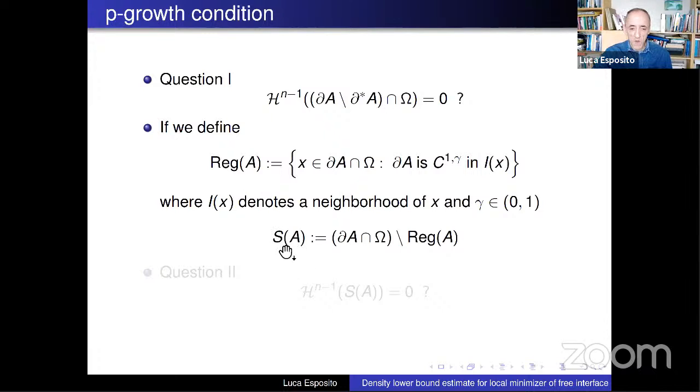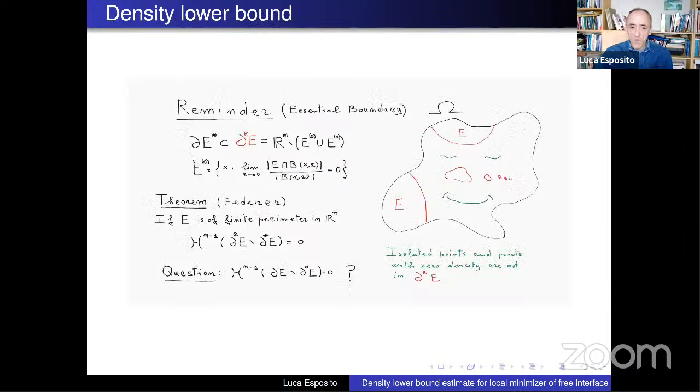This is the singular part S of A. Can you say that the singular part has Hausdorff measure 0? And this is an open question. So there is not an answer to this question.